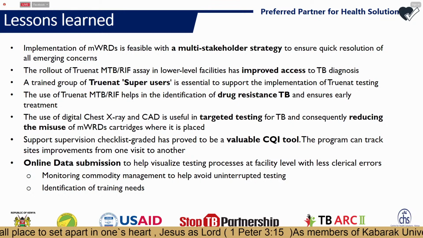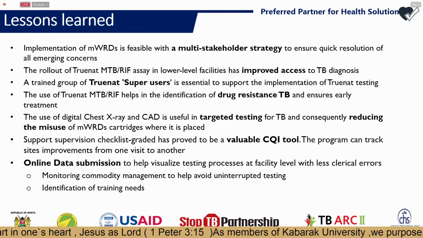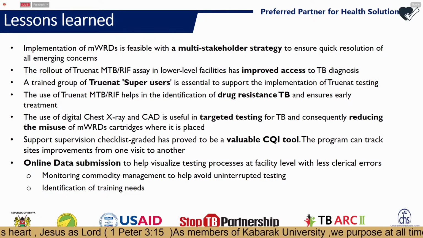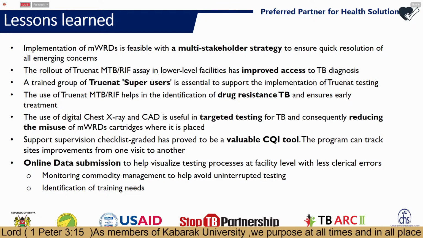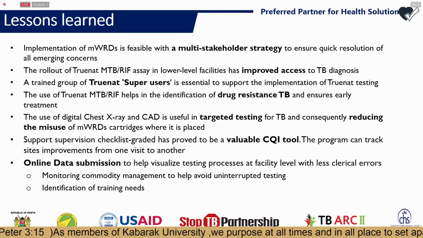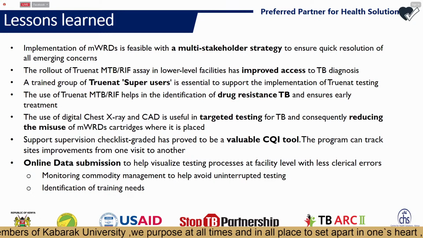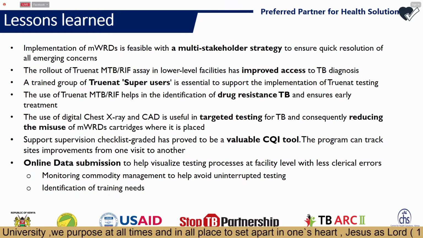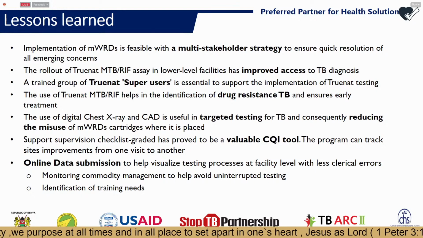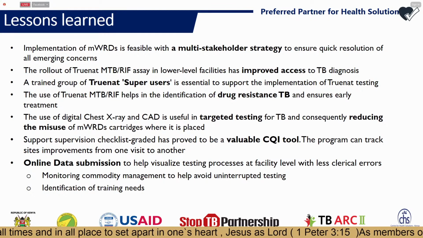You've also seen 56 cases of drug resistance which have been identified. So really, in addition to the diagnostics strengths of the country, that is very useful. Then when you look at the CQI system, the CQI tool that I talked about that we use to do mentorship with, I think that has also been very useful.